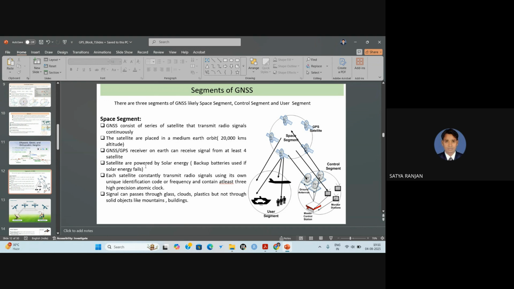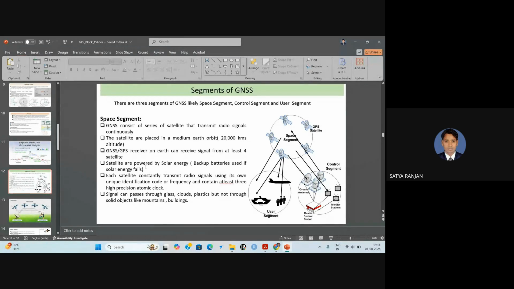GNSS consists of a series of satellites that transmit radio signals continuously in different directions. And the satellites are placed in a medium Earth orbit. We also discussed that the medium Earth orbit is at 20,000 kilometer altitude.